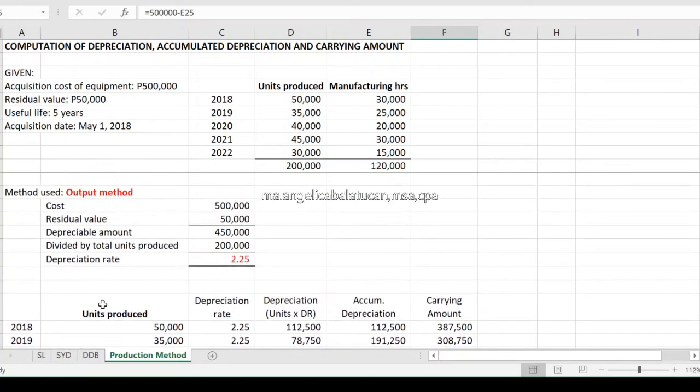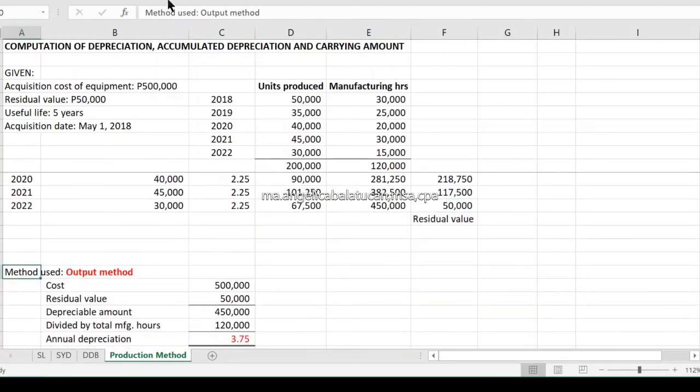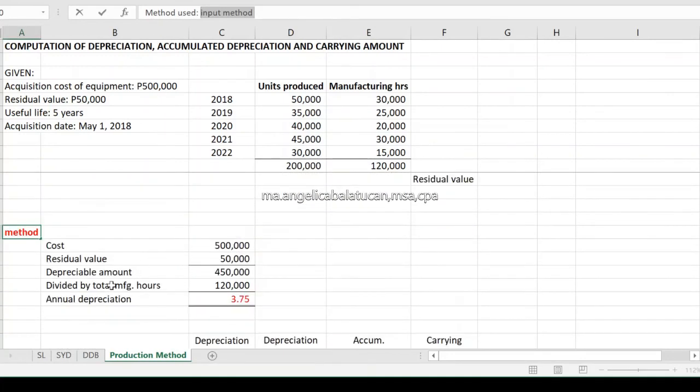So now let's go to the second one, the input method. So what is the input method? It is based on the inputs, which in this problem is the manufacturing hours.